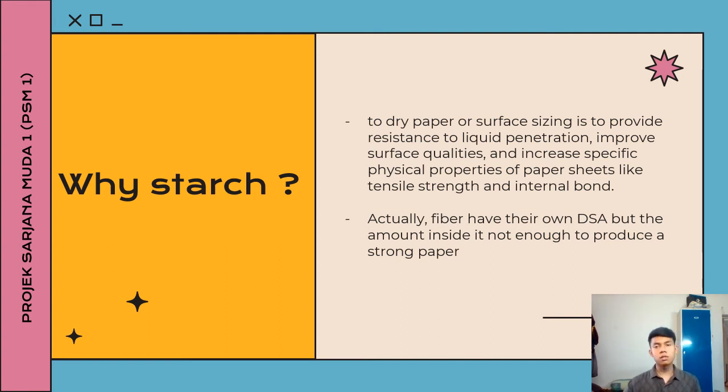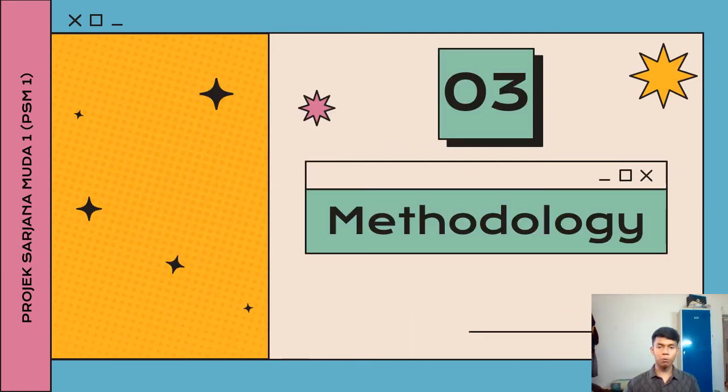So why do we use starch in this project? To dry paper or surface size it, provide resistance to liquid penetration, improve surface qualities, and increase specific physical properties of paper sheets like tensile strength and internal bond. Second, fiber actually has its own DSA, but the amount inside is not enough to produce a strong paper. That's why we need starch or DSA in the paper making process.